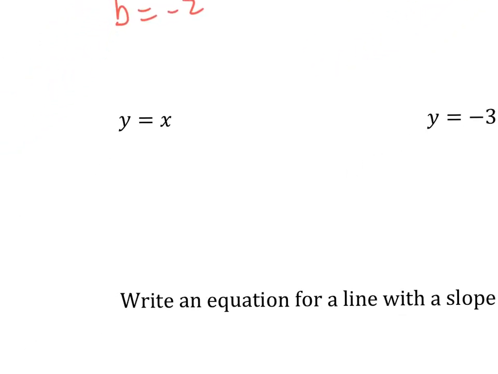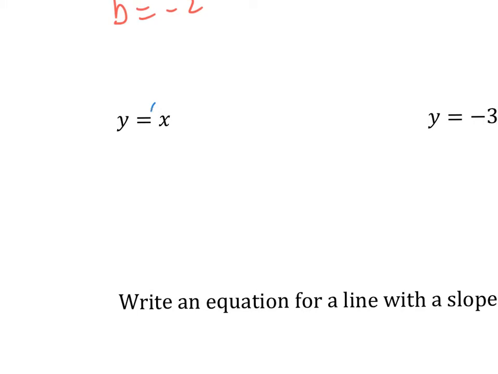Now this equation, y equals x, is a little unique in a couple of ways. First of all, if we don't have a number in front of our variable x, we can always assume that our coefficient is going to be 1. So in this case, our slope is equal to 1.